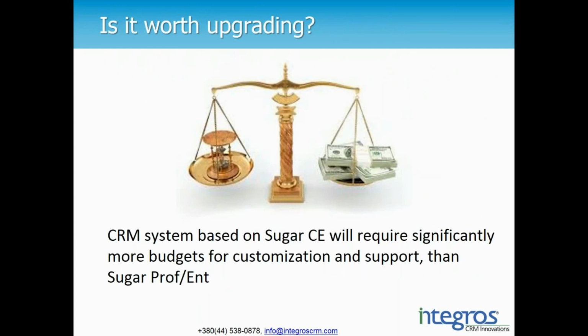Because behind the illusion of free community, it requires significantly larger budgets than Sugar Professional, because it is necessary to create desired functionality and to take care of technology compliance in our technology-changing world. And the natural counterbalance for this cost is the price of licenses that is given as a subscription per user.